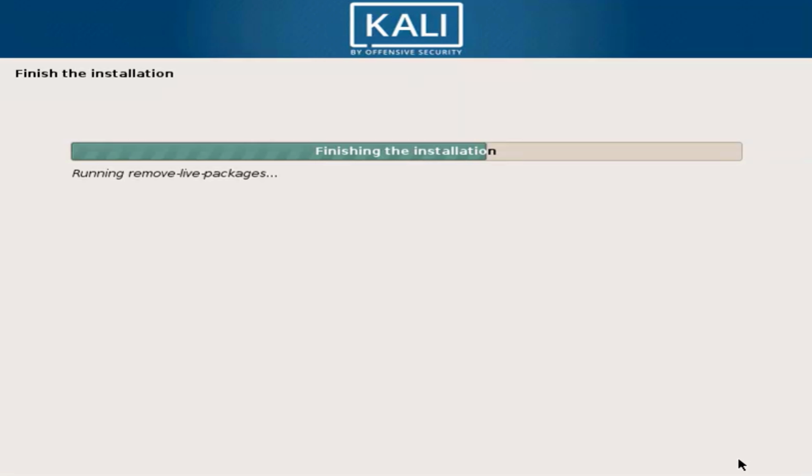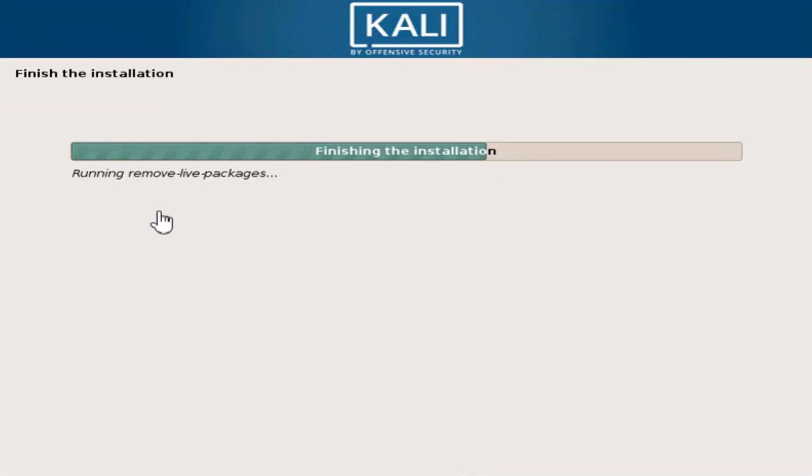So make sure that you removed your pen drive. Now removing all live packages. For installing Kali Linux, live packages are generally installed temporarily. So now the system is removing all the live packages, and that's it. You're done.